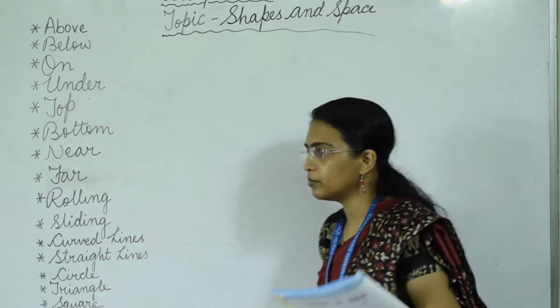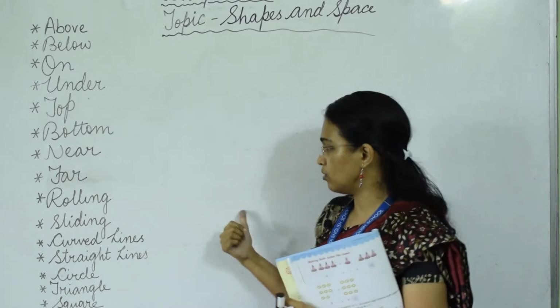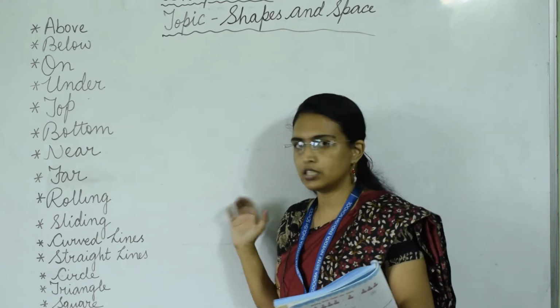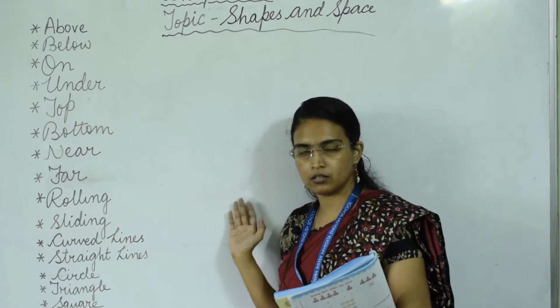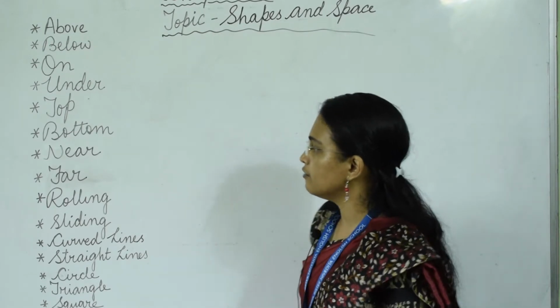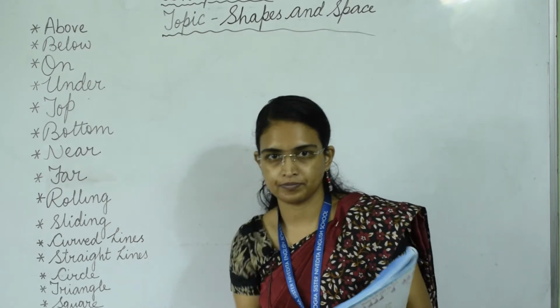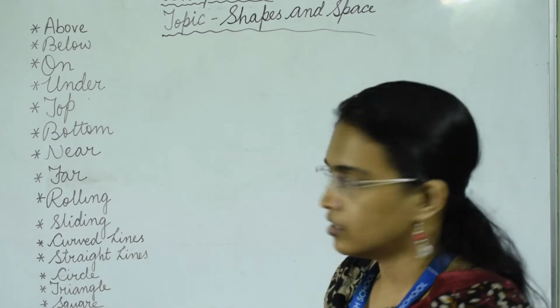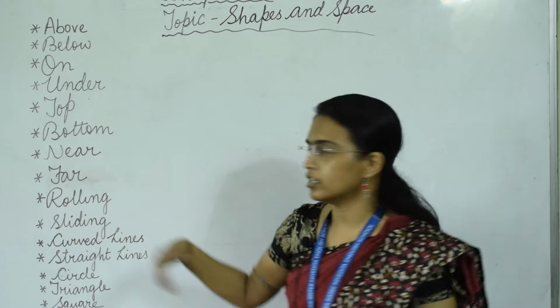Next, near means kache. Dekho, I am standing near the blackboard, so it is near. Samne hai na, that is near. Then far means dur. I am far away from the board, right? So the meaning of far is dur.